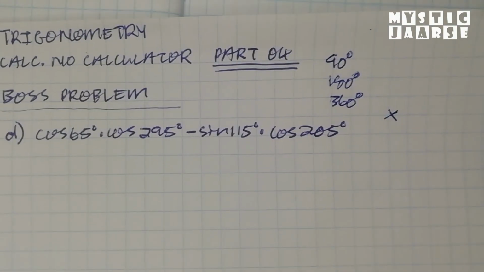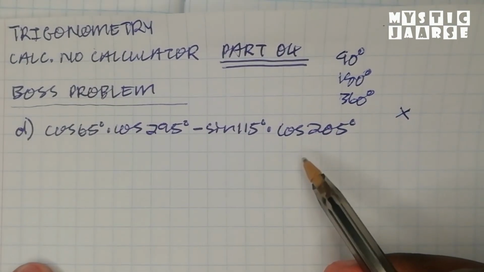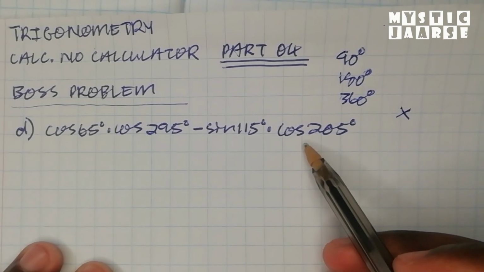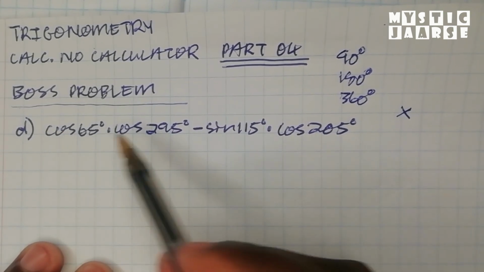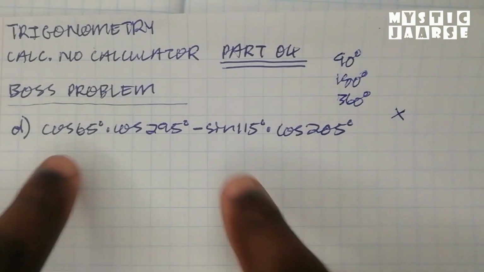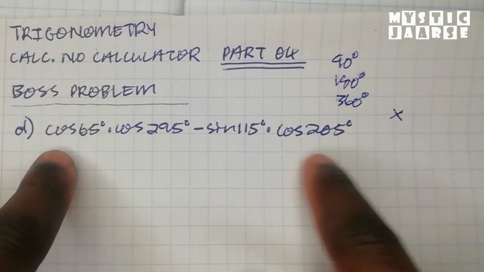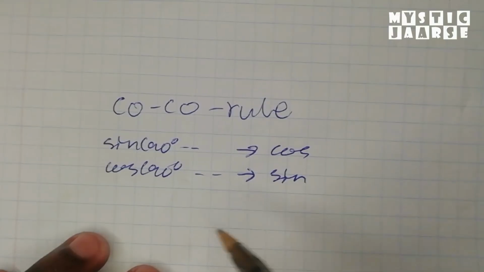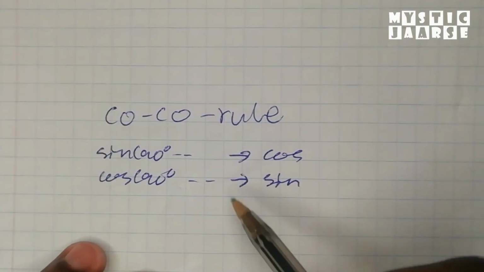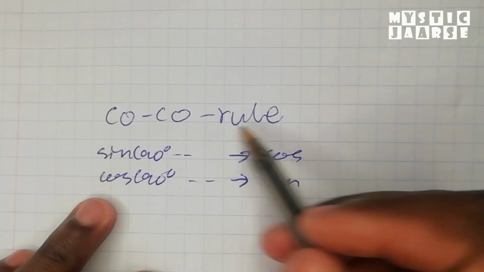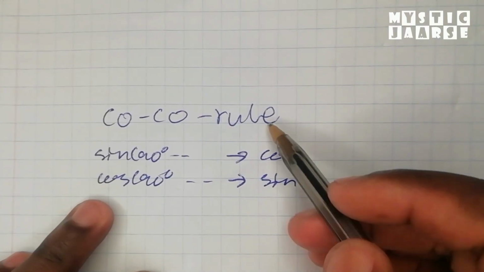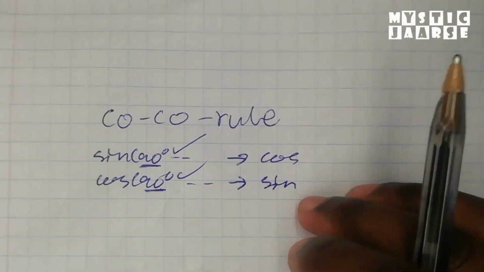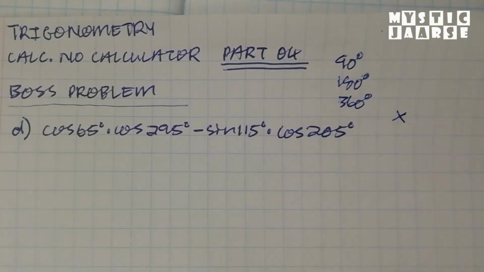Well, since our trig ratios don't form a pattern that represents sine or cos, you have cos, sine, cos. One of the trig ratios on either side needs to change, and the only way to change a trig ratio into another trig ratio is through the Coco rule, meaning we need to reduce using an angle of 90 degrees at some point.